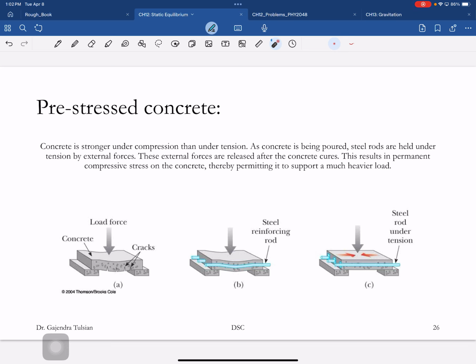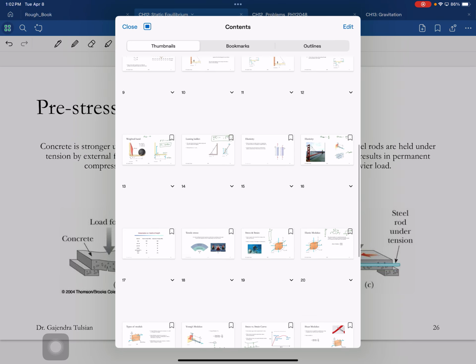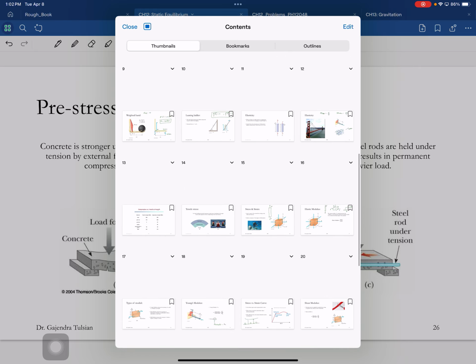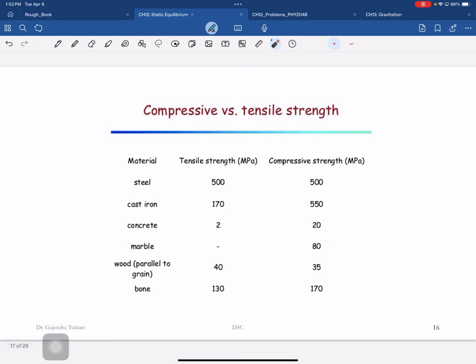Okay? So this is pre-stressed concrete. And that structure will last longer. So you looked at this table and you instantly got that idea. That's how you became a good engineer. All right?